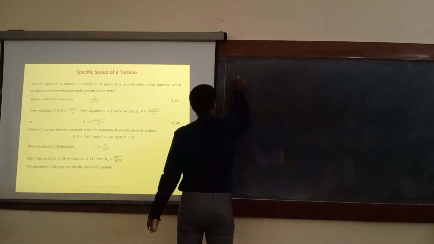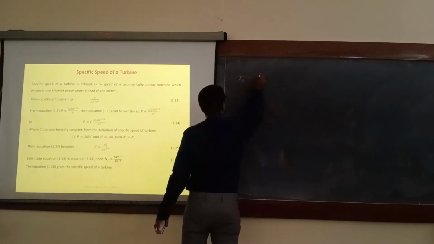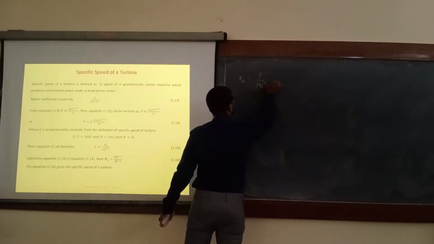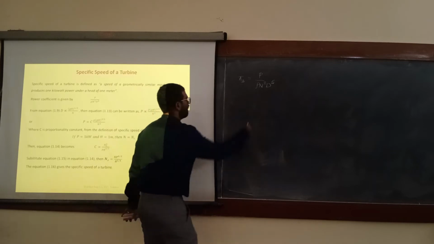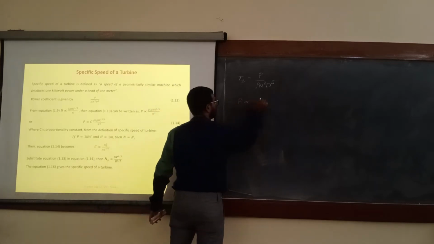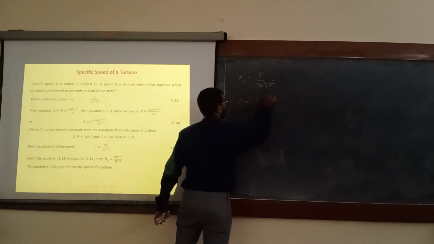What is the power quotient? P divided by rho n cube D to the power of 5. P is directly proportional to rho n cube D to the power of 5.